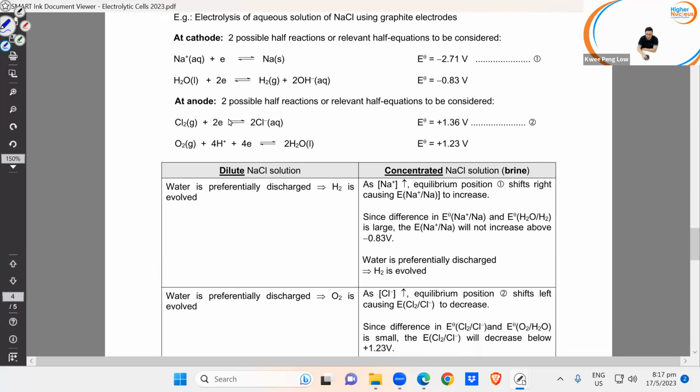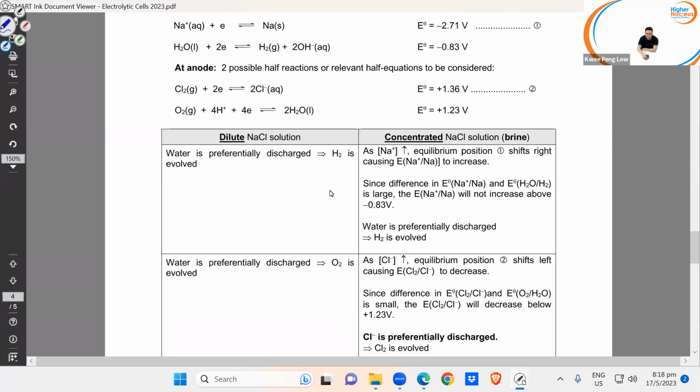Now at the anode for dilute sodium chloride, we choose the least positive one to get oxidized. So plus 1.23 is less positive than plus 1.36. So for dilute sodium chloride, water is oxidized preferentially over your chloride. Yeah? So this was dilute sodium chloride.